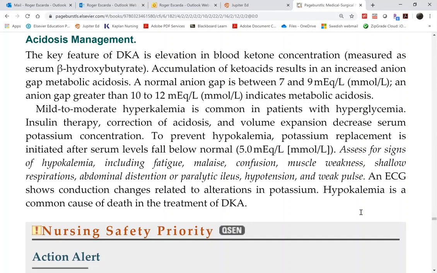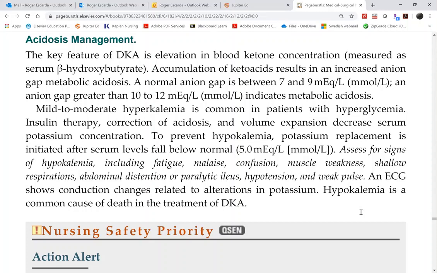We had choices of sodium polystyrene sulfonate. We can give diuretics. We can also put the patient on dialysis. And we can also give solutions containing IV dextrose and regular insulin.